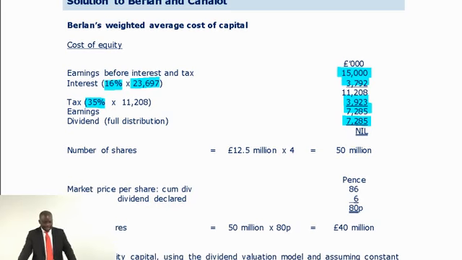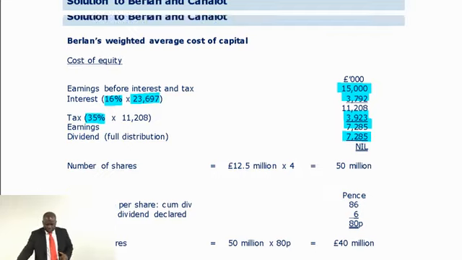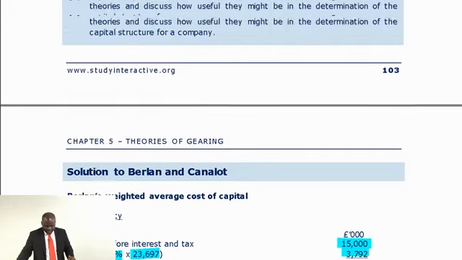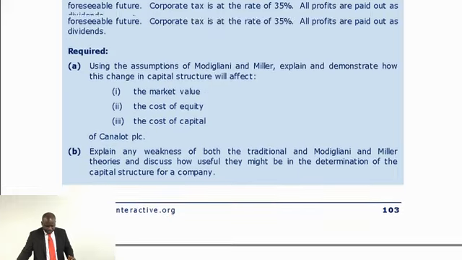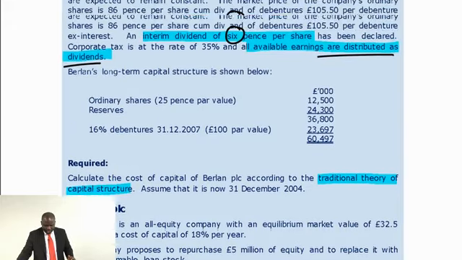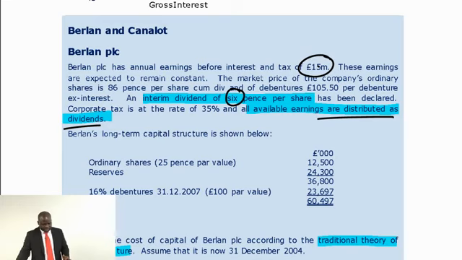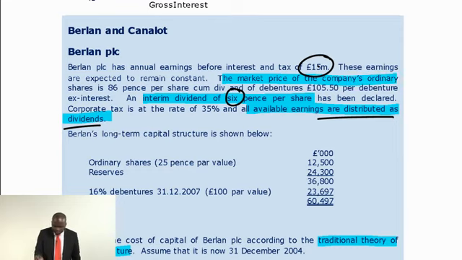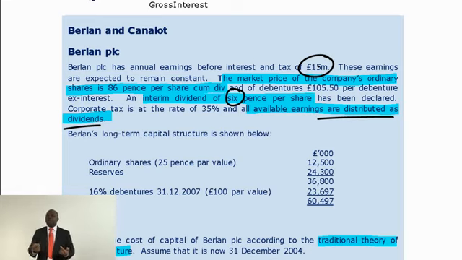So that is that. Let's go straight to the question, and then we will pick the information in there. What market price was given to us? The question said that the market price of the company's ordinary shares is 86 pence per share cum div. So if it's cum div and I need ex div, I would have to take off what?